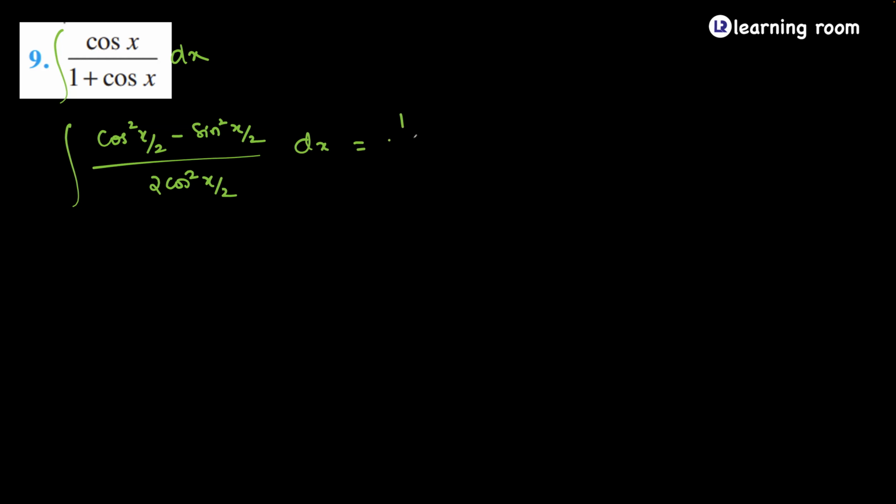So this will be equal to half of integral of cos square x by 2 by cos square x by 2 is 1 times dx, minus integral of sin square x by 2 by cos square x by 2 is tan square x by 2 times dx. So what are you going to get?